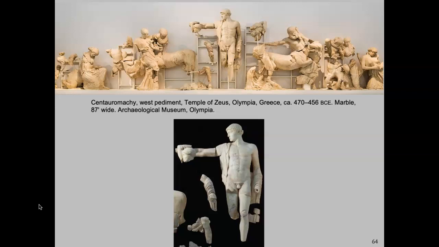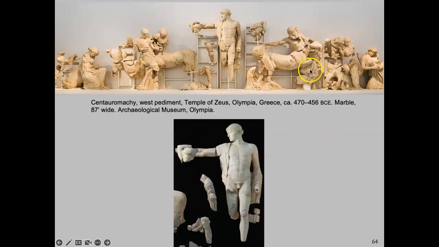And the Centaurs came and busted up the good time. They were drunk and rude and tried to carry off some of the Lapith women. And so we see these really fascinating and interesting figural combinations of a beast, the hindquarters of a horse, and hands encircling women as they try and push away the centaurs.